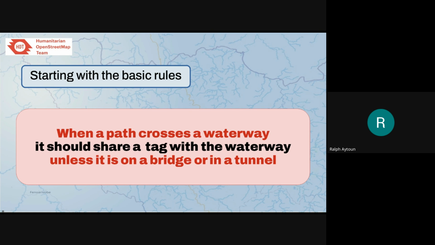Okay, now there's one highway difference. When a path crosses a waterway, it should share a node with the waterway unless it's on a bridge or in a tunnel. The reason for this is there's many different ways of a person on foot crossing a waterway. They can either use stepping stones, they can wade through the water, or they can swim across.